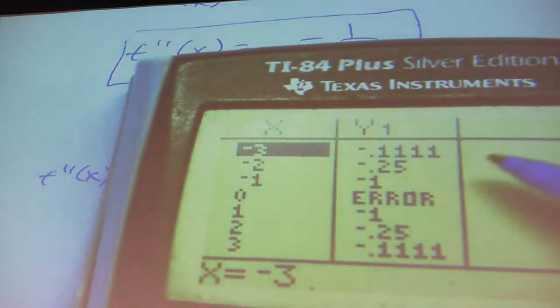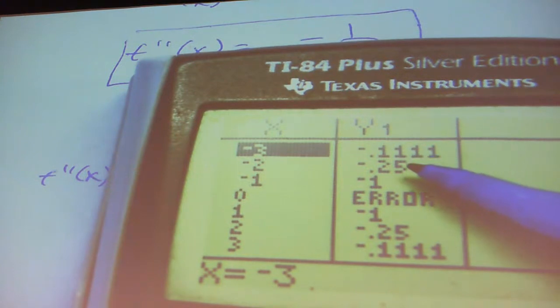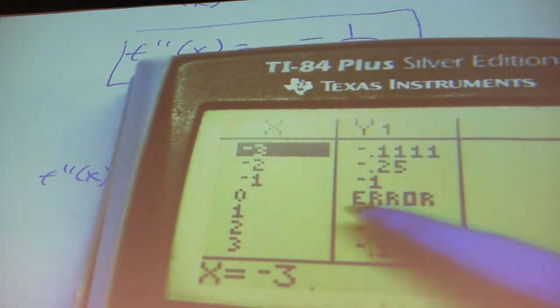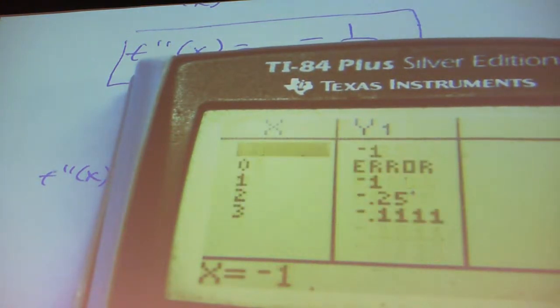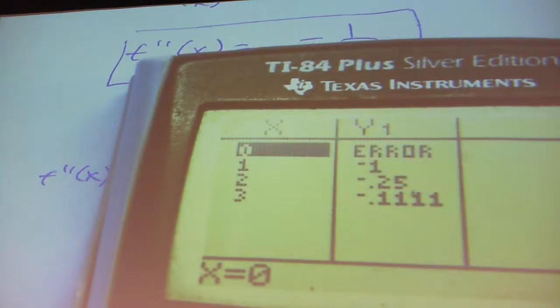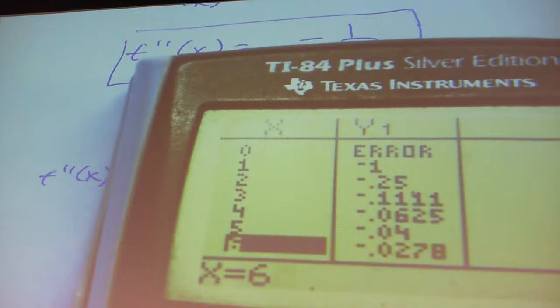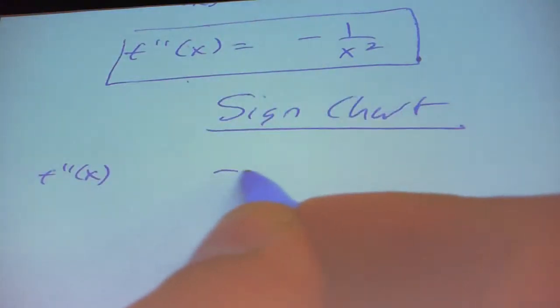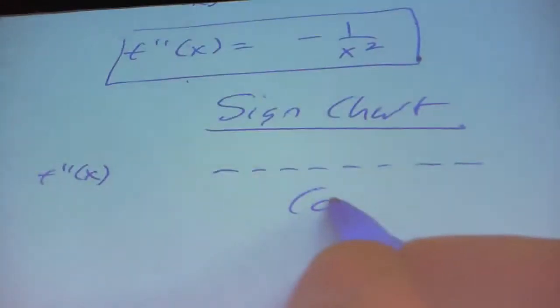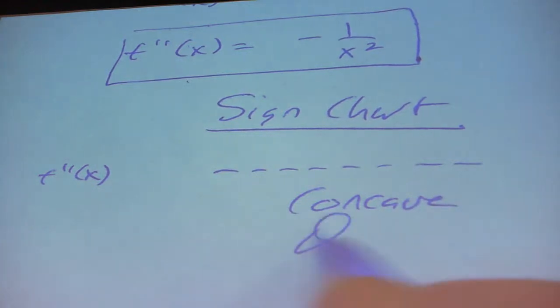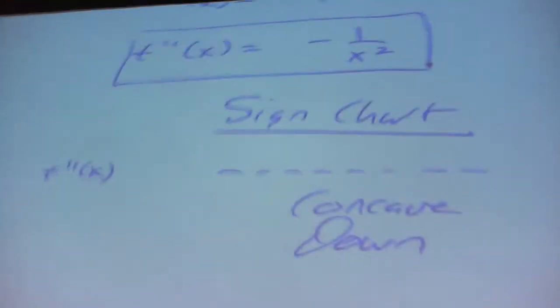And then I go to the table and notice that there's an error at 0. Remember, we're only talking about the positive ones, so it's when x is greater than 0. And you notice that all the values are negative. Therefore, the entire graph is concave down.